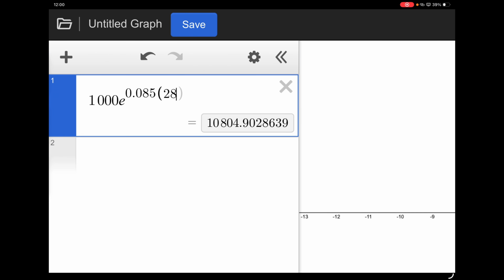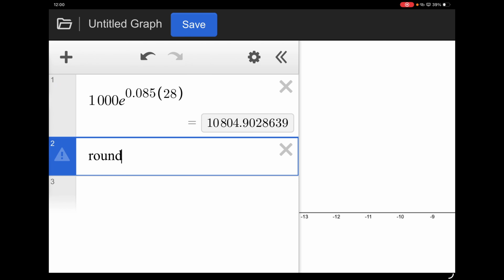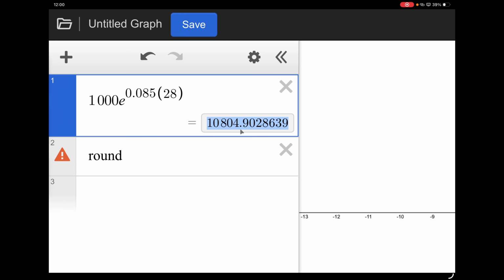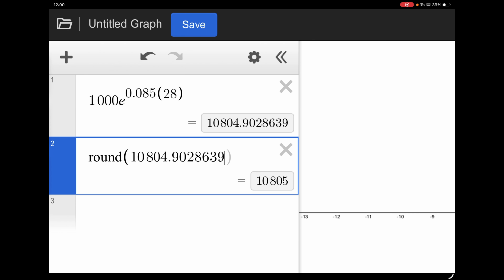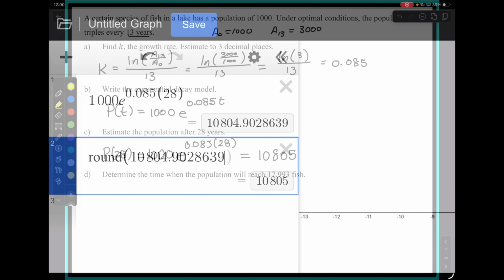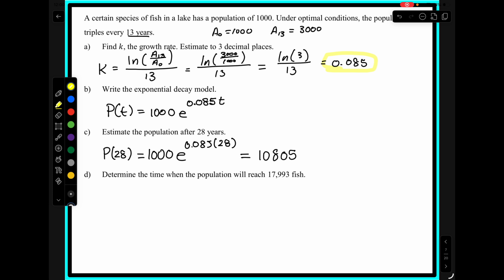Here our answer is 10,804.9, so rounding to 0 places, that's 10,805 fish.